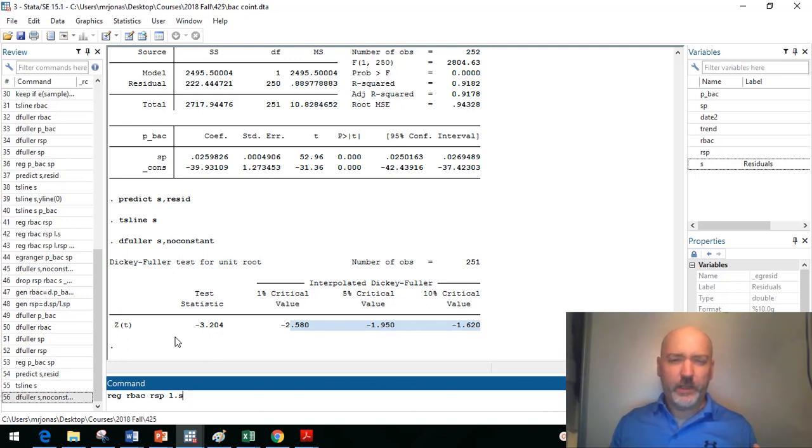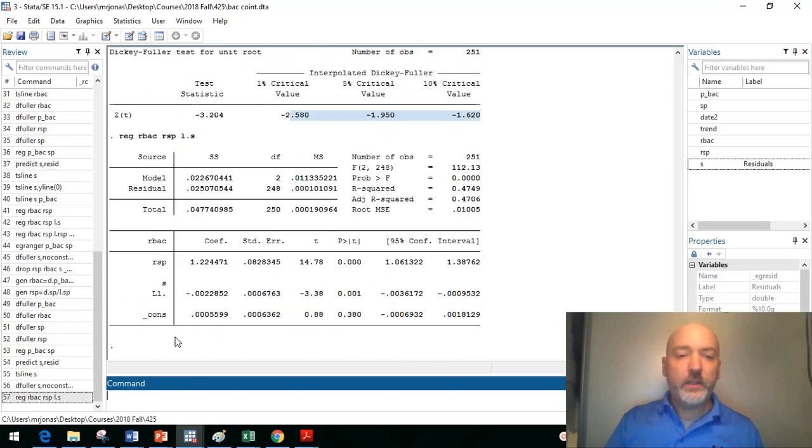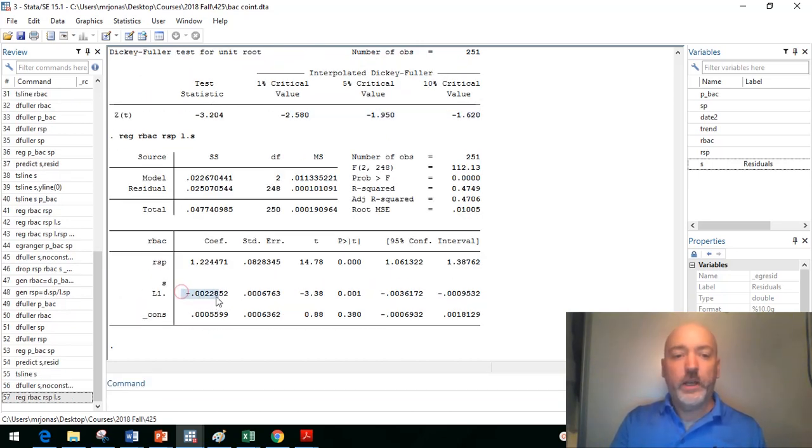So again, remember what that means. A large positive value of that linear combination yesterday means we were above our predicted value, and we'd predict a correction today. When it was negative, we'd expect it to come up today. Right? So we expect to see a negative and significant coefficient, and right on cue, that's what we get.